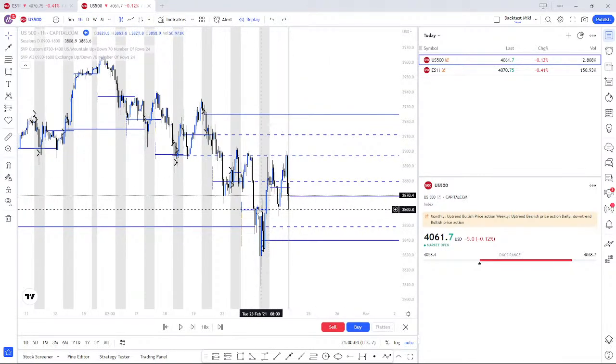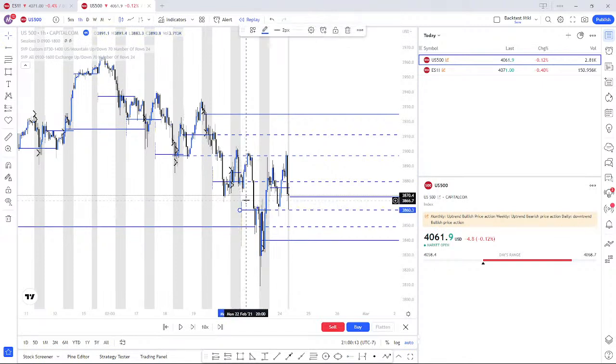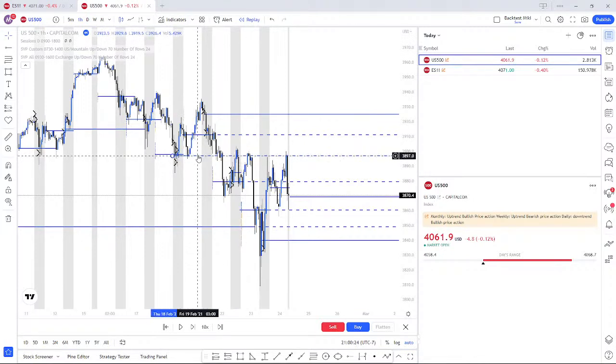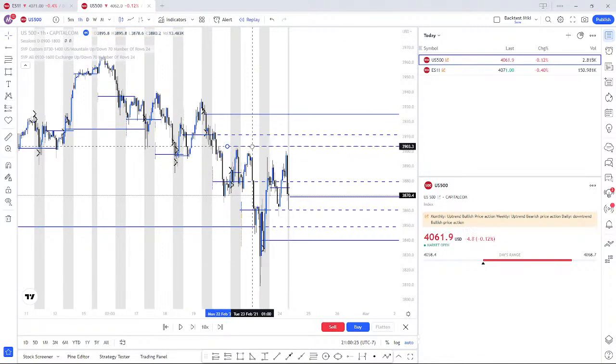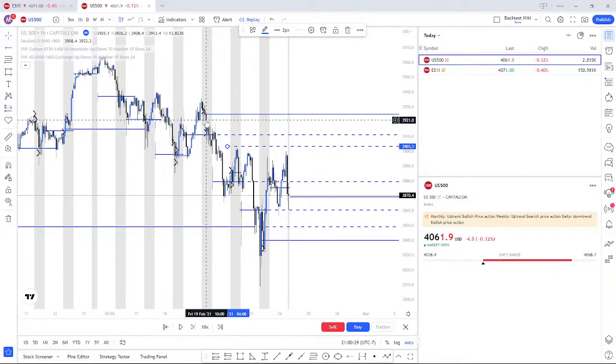We have this one now. This one here. We have this one still there, but below price, I want to use this one. We have this one still here. No, this one is no longer here. 2 days. Day 1, day 2.